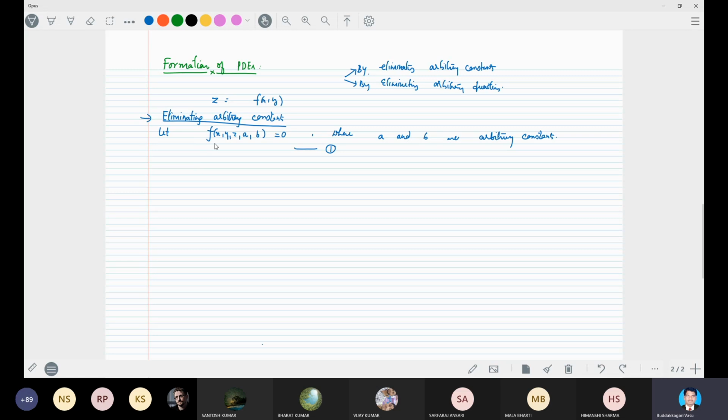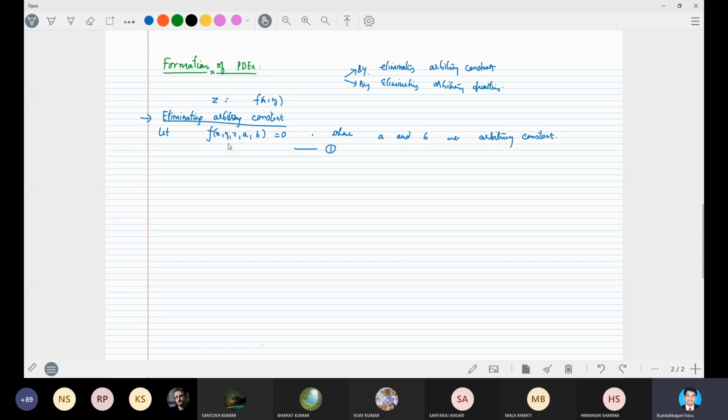By differentiating that function, we can easily eliminate the arbitrary constants. That is why we are introducing the differentiation of the function with respect to the independent variables, so that we can easily eliminate the arbitrary constants a and b.